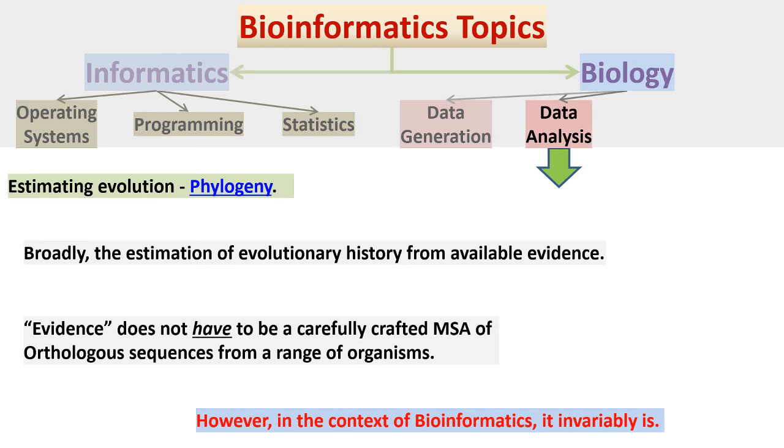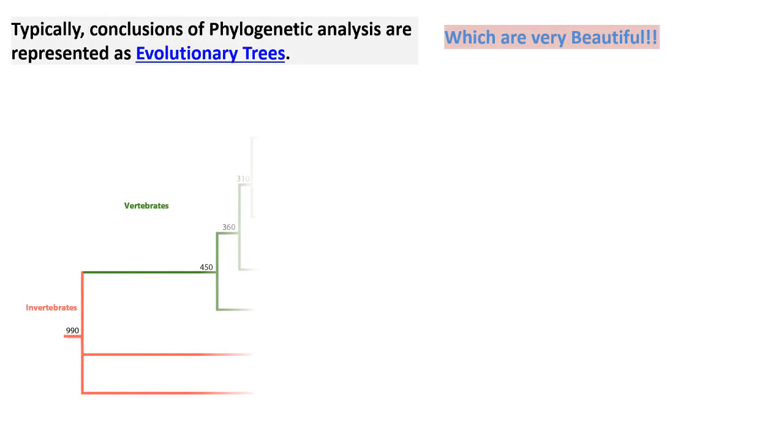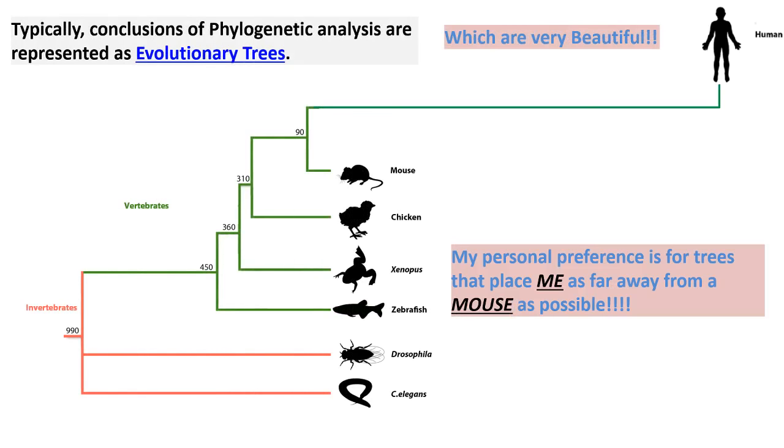High-quality MSAs are essential, as they will be assumed perfect by the phylogenetic software. Estimated phylogenies are commonly represented as evolutionary trees. All very convincing, apart from the consistent insistence of placing humans so dubiously close to mouse.